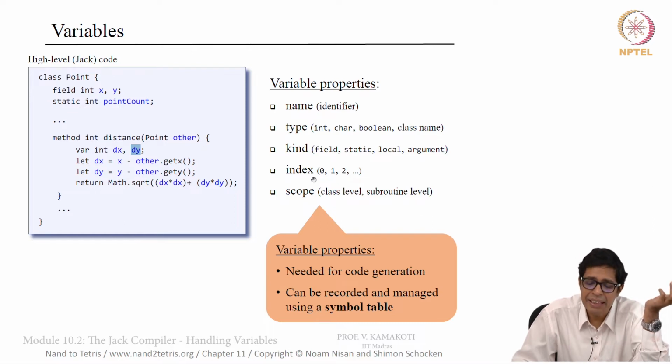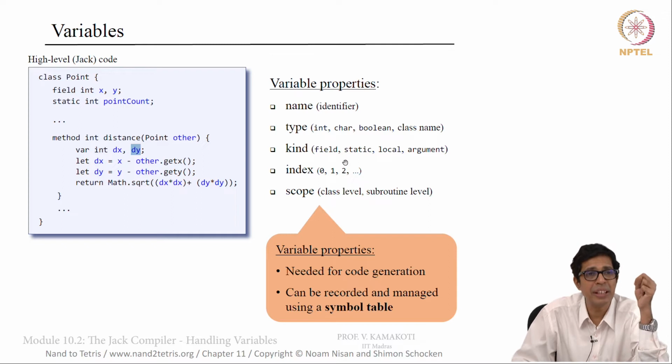And then index, where it is stored in that particular segment, in the argument segment 0, 1, 2. So I need an index. And of course there is a scope. All the field variables have scope within that class, and all the subroutine variables, local and argument, have scope within that particular subroutine, right. And the static variable of course has scope across all instantiations of the class.